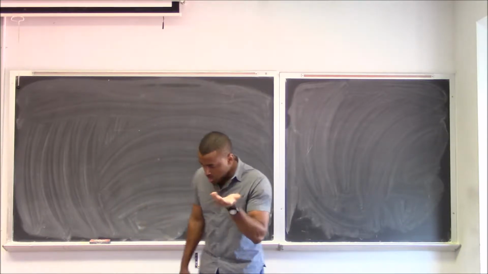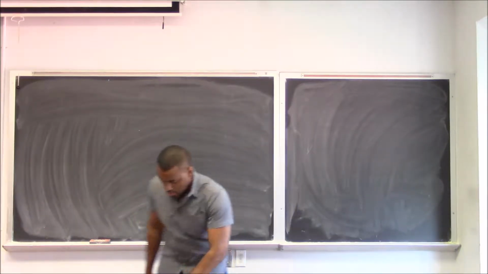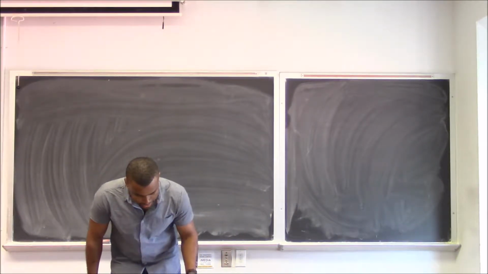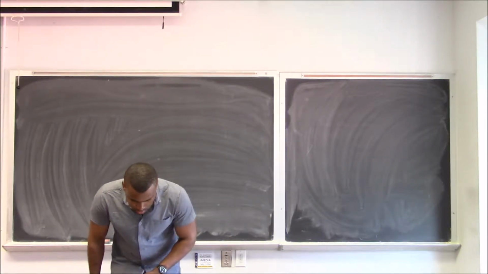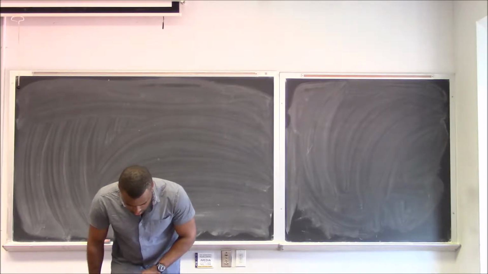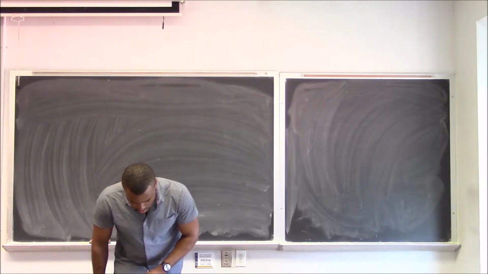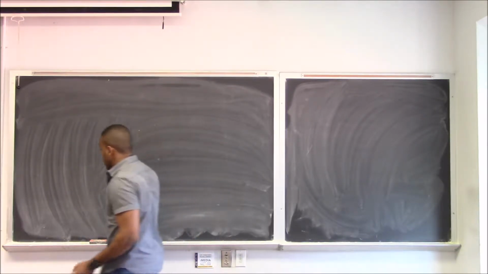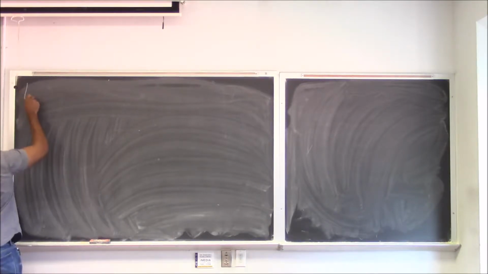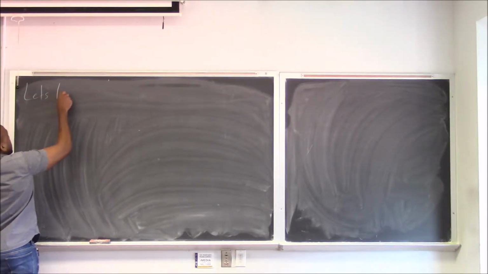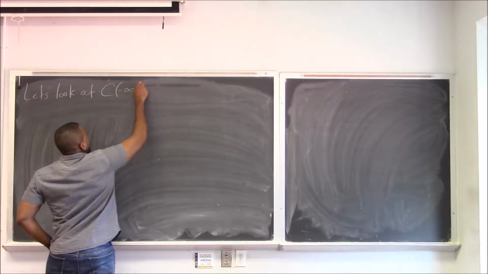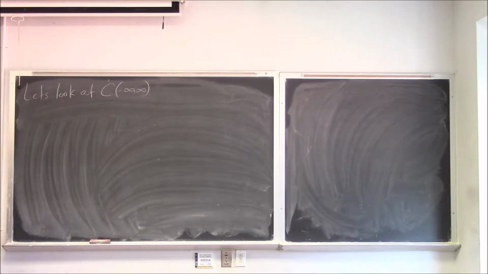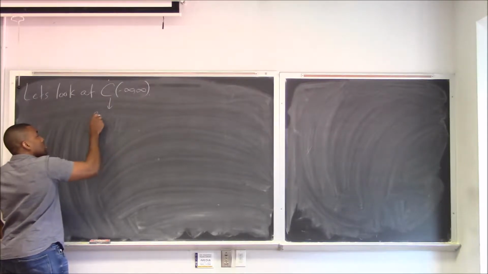We spoke about a lot of facts that come from linear independence, and you should remember those. Let's look at some functions. That's the notation for the set of continuous functions on R.